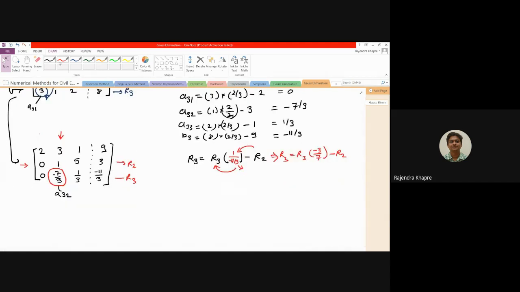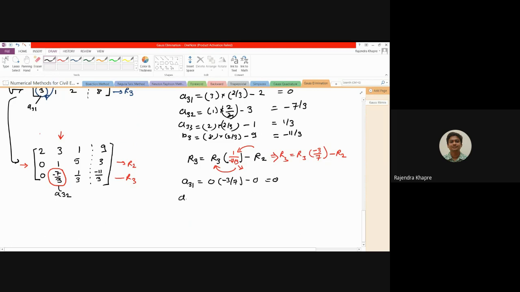So now let us work on all the coefficients of r3. So row 3, the first coefficient is a31, okay. This I'm talking about a31, which is over here. So ultimately this will be 0 into minus 3 by 7 minus 0. So this is not going to change, it is going to remain the same, okay.